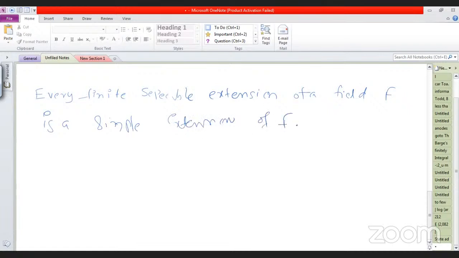This is a theorem: every finite separable extension of a field F is a simple extension of F. This is also asked one or two times. Let me tell the proof here.